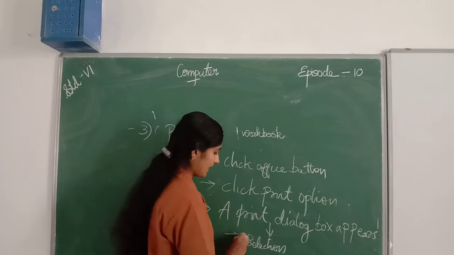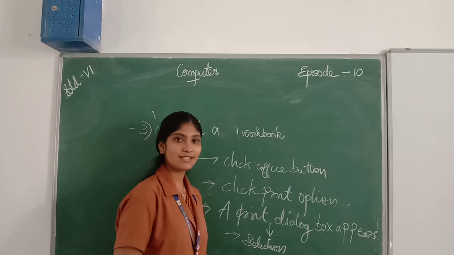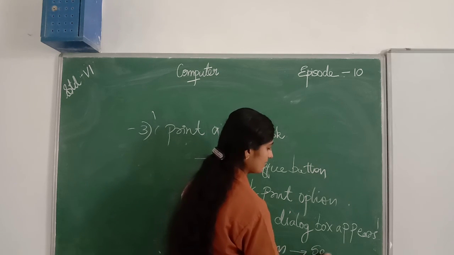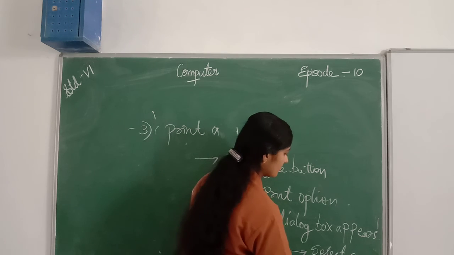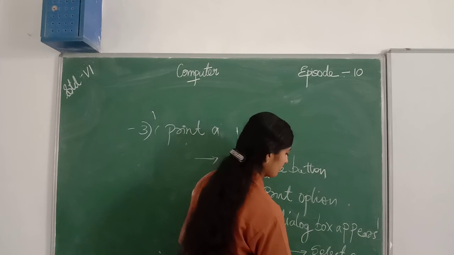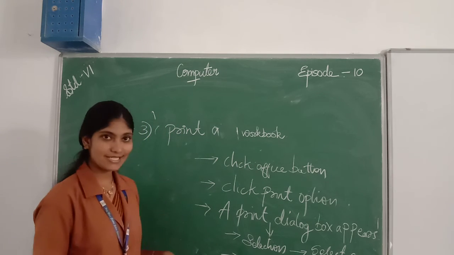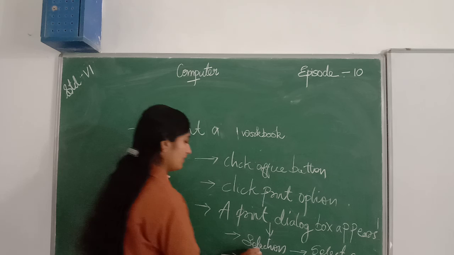So first one, selection means to select a particular range. Then next is active sheet, means select the current sheet.